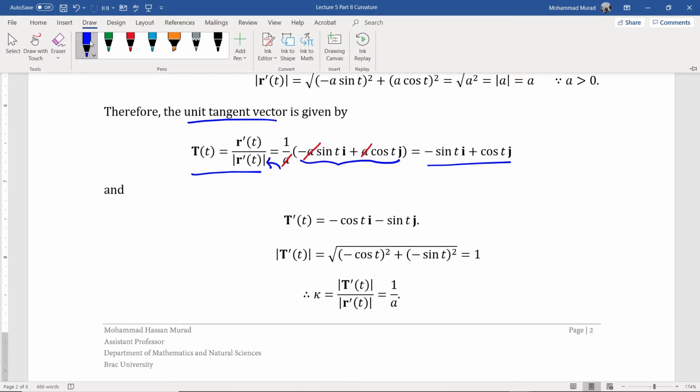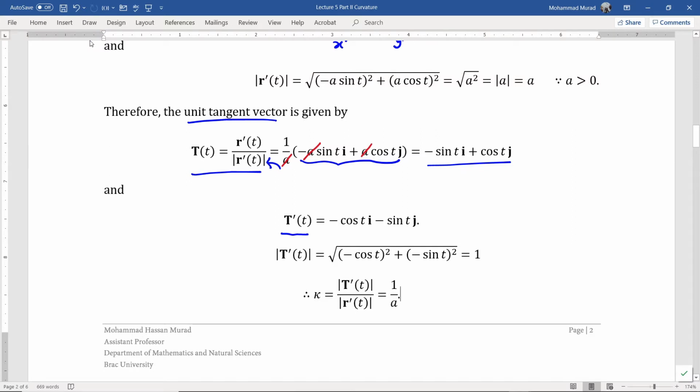And the derivative of the unit tangent vector has components negative cosine of t and negative sine of t, obtained from differentiating the components of the unit tangent vector.